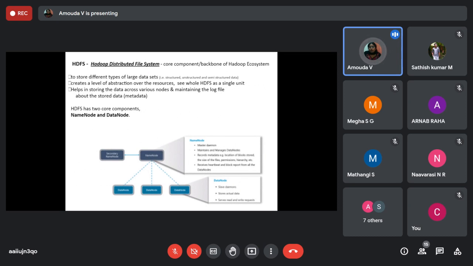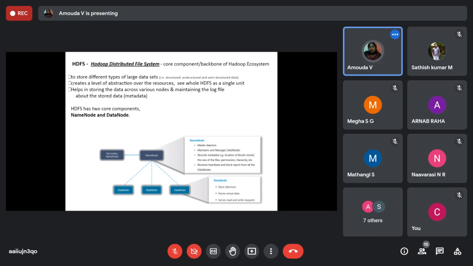Now you'll see the Hadoop Distributed File System, which handles different large data sets, structured and unstructured. What we have already discussed, you may not know, since you are MTech people, is abstraction. In database management, we learn abstraction.